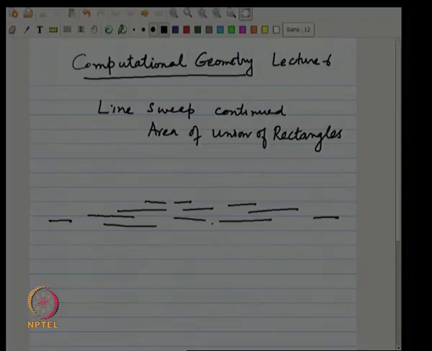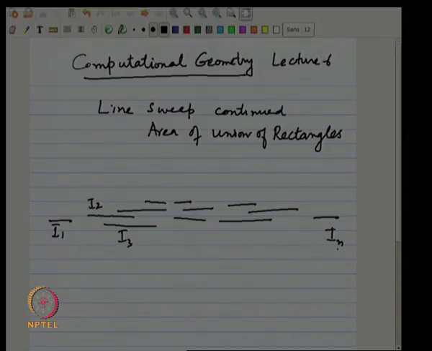So, we have this set of intervals, let us call them I1, I2, I3, etc. to I sub n. So, we are given these intervals along the x axis. Of course, in the actual problem these intervals are along the y axis.